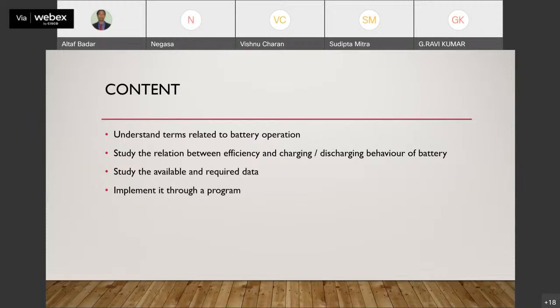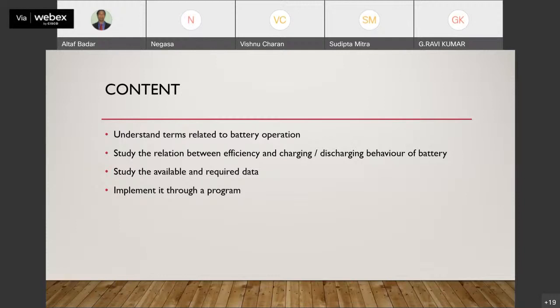Instead, we are just concentrating on the charging and the discharging behavior of the battery based on the efficiency of the battery. So, when should it charge? When should it discharge? Based on the efficient behavior of the battery itself. So that is where the crux lies of this particular paper.